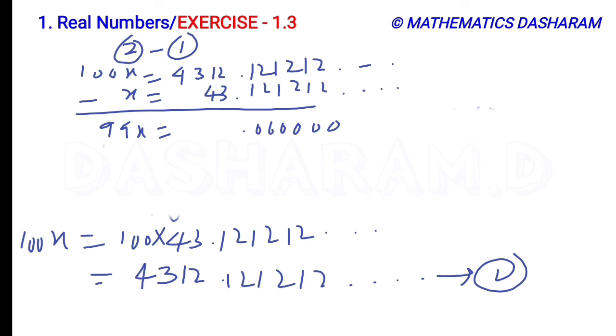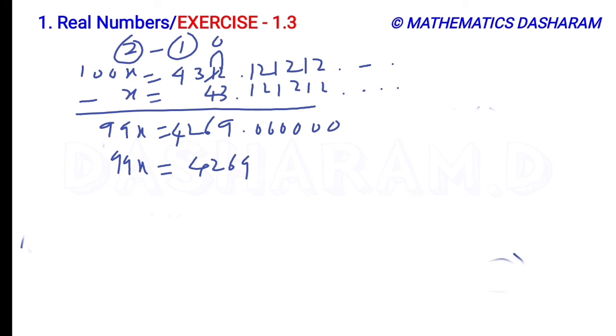Next to here, 2 minus 3 is not possible, borrow from before digits. 12 minus 3 is 9, here 0 will be there. 10 minus 4 is 6, 2 4. So then 99x equals 4269.